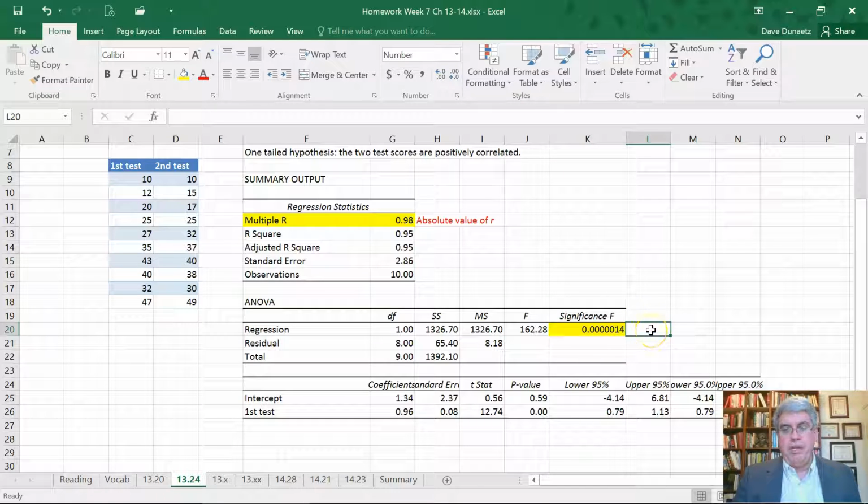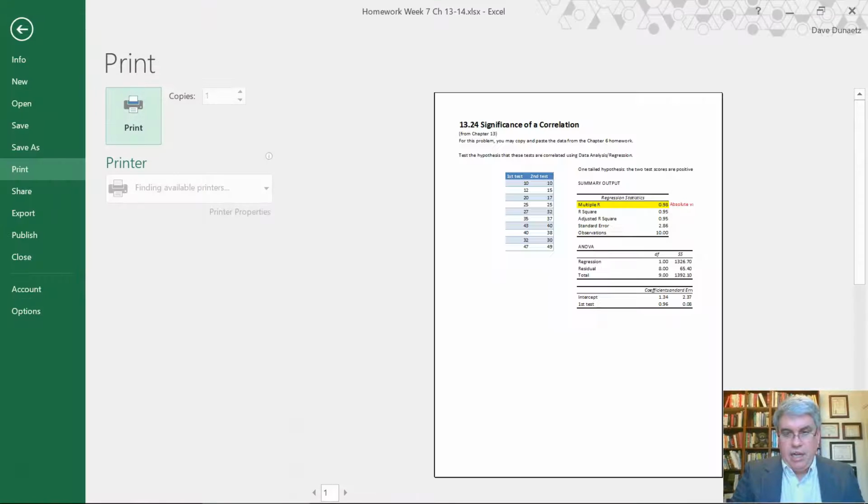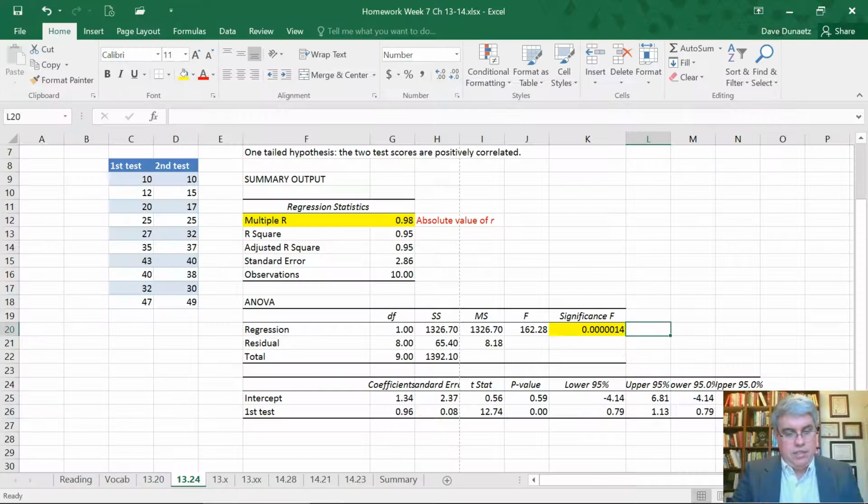So what we're going to do is we can't write P equals 0 because it's never 0, but we're going to write P is less than 0.001. That's the convention for really low P values.